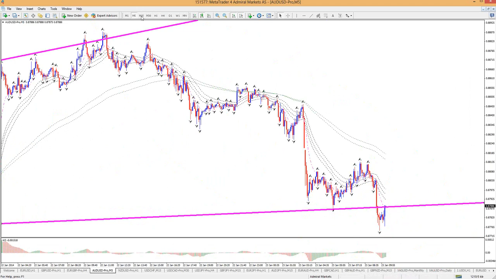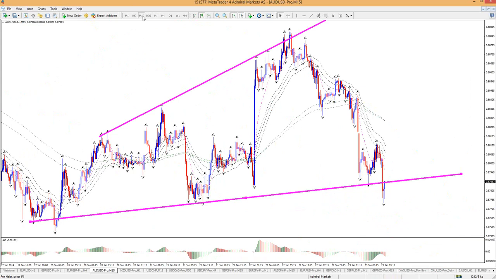So I would rather wait and see on the Aussie. It is a break, but I'd rather skip this particular break and wait for the next one. Hopefully there is a next one, but if not, then what can you do?